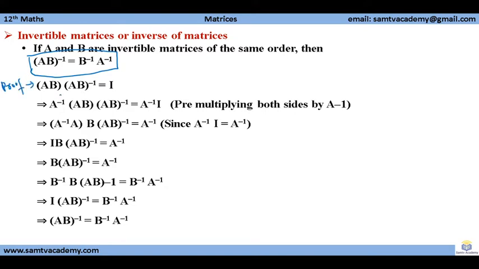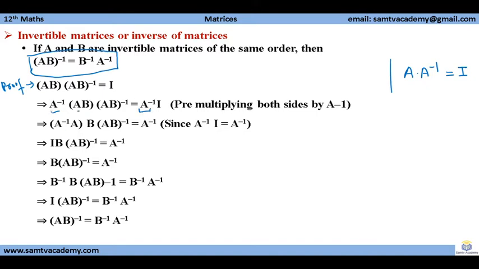So for proving, we take AB multiplied with (AB) whole inverse, that is equal to I, as we know the property that A multiplied with A inverse will be equal to the identity matrix. So first we have taken this, and we will multiply A inverse on both sides.